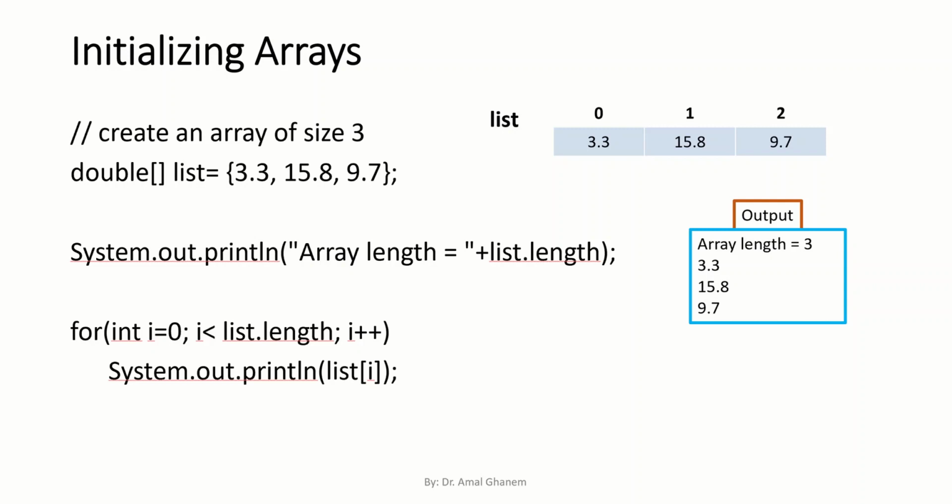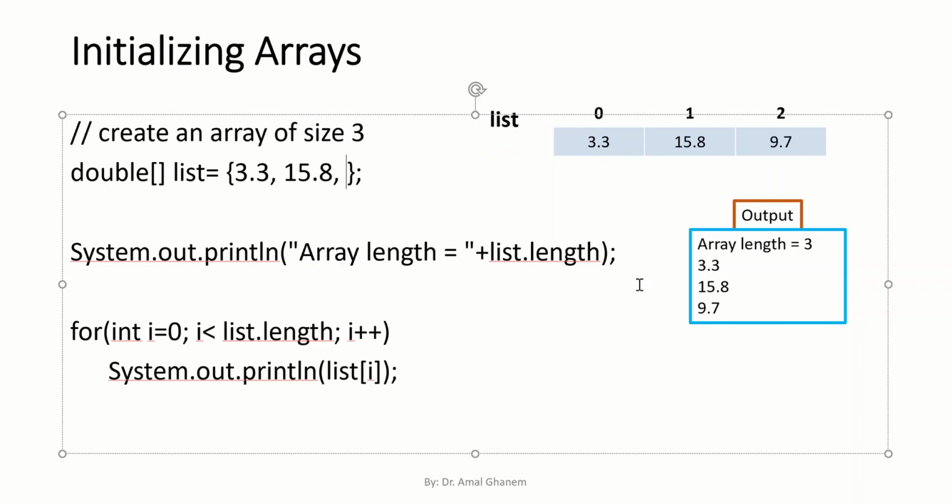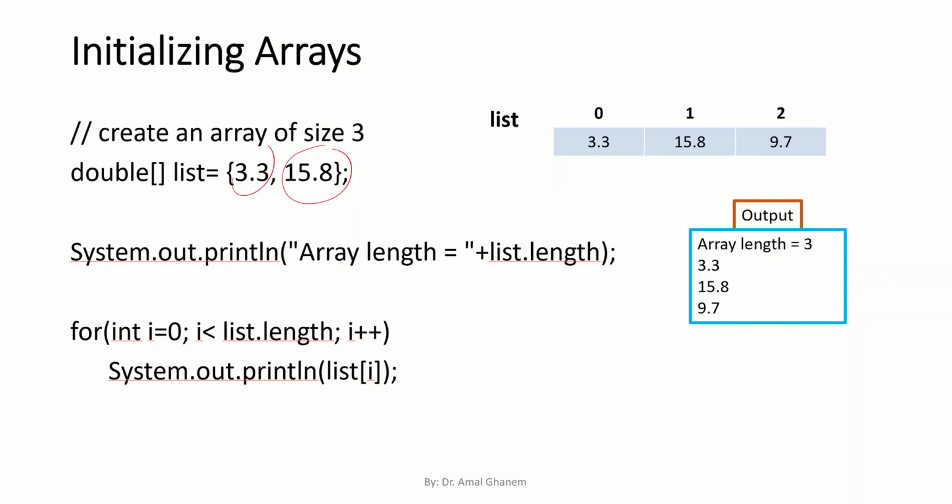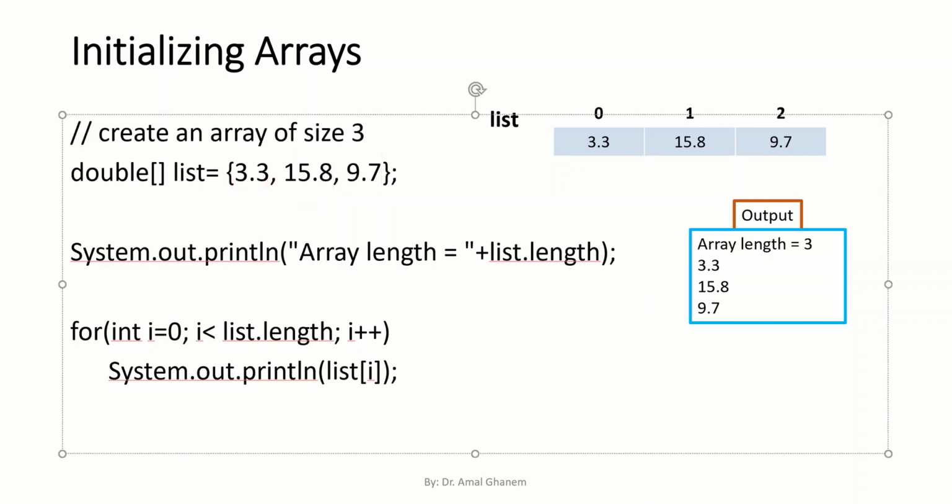And if you use this one, it means your array will take its length from your initialization, which means that if I simply remove one value here, the size will not be 3, the size will be 2, because I have only 2 elements. And this is the difference between the initialization of the two arrays.